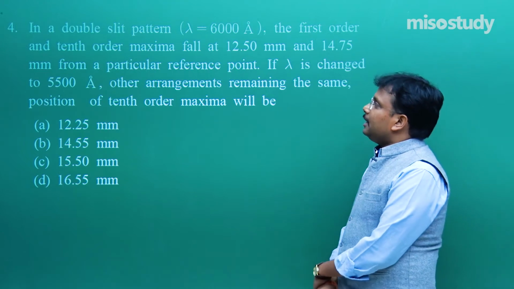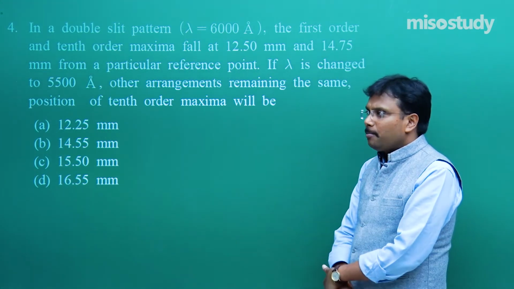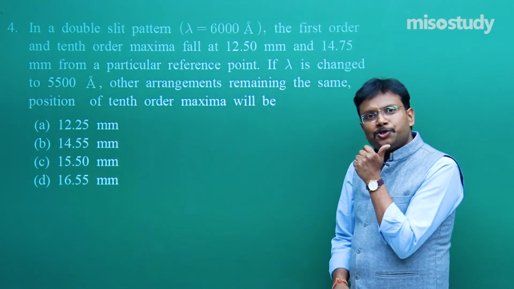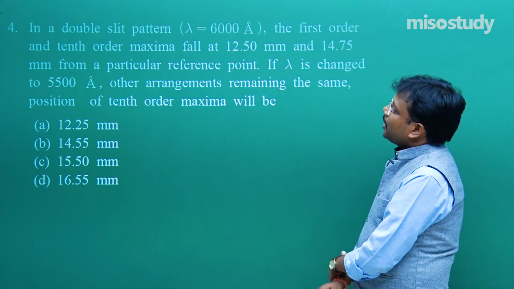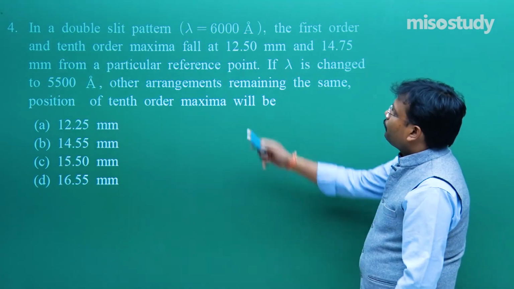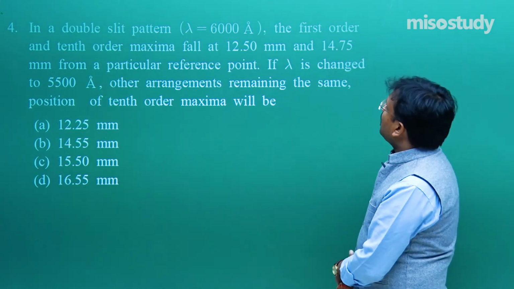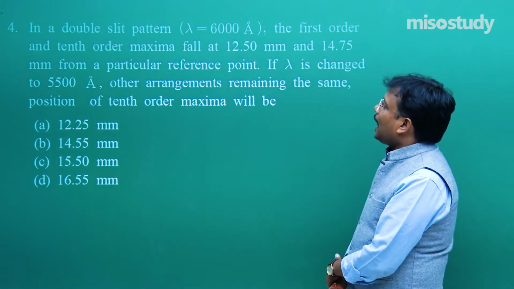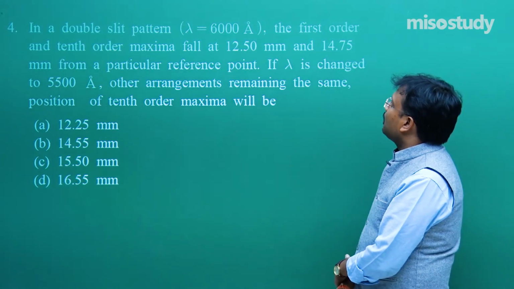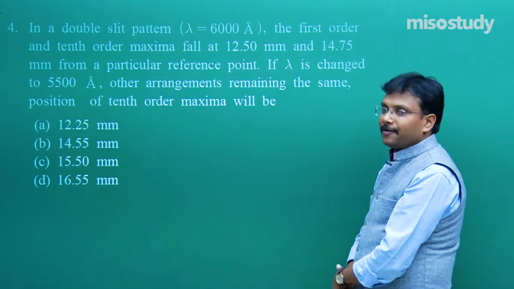In a double slit pattern, somewhere the idea should come in your mind, is it associated with interference pattern? Wait, let us analyze more. In a double slit pattern, when wavelength is this much, it is yellow color type of thing, the first order and 10th order maxima fall at 12.50 mm and this value, from a particular reference point.